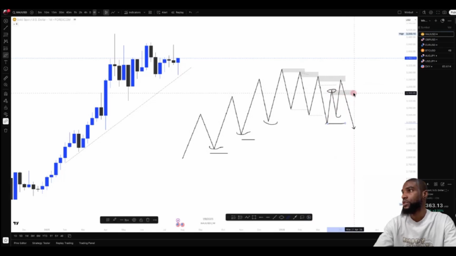This is the reason why most traders take entry at the wrong place, and then you get stopped out. Then the next thing, the market goes to your TP. So you have to always consider this.